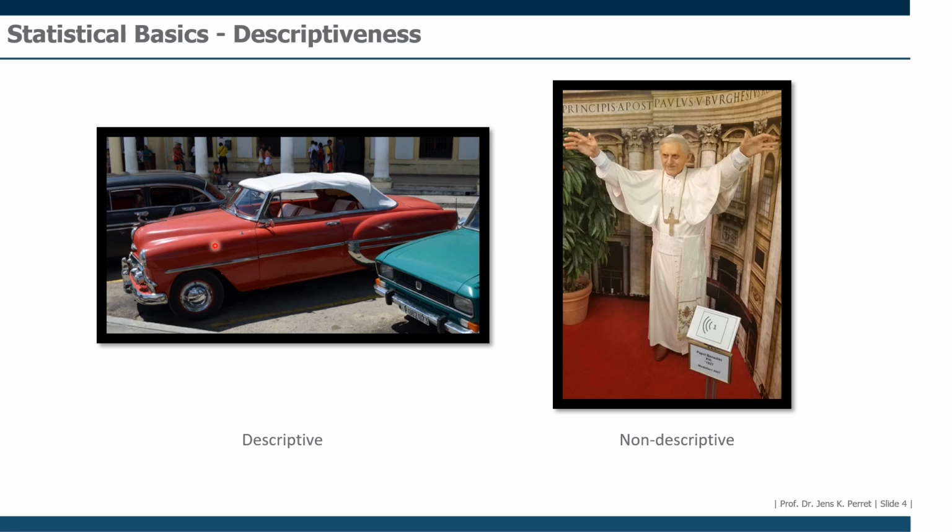Non-descriptive data only allows for a single value. One example could be the actual accepted pope. There's only one pope who's the active pope, and there's no possibility to have 6 or 7 popes at the same time.